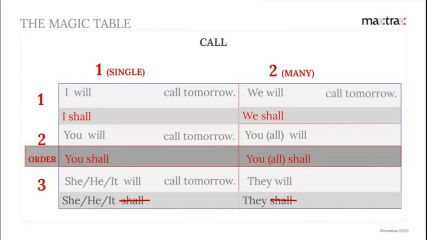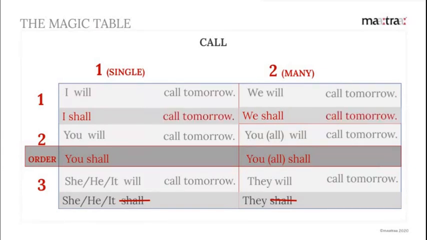You all will call tomorrow. They will call tomorrow. Now, let's see how we say the same thing using the word shall. I shall call tomorrow. We shall call tomorrow. You shall call tomorrow. You all shall call tomorrow.